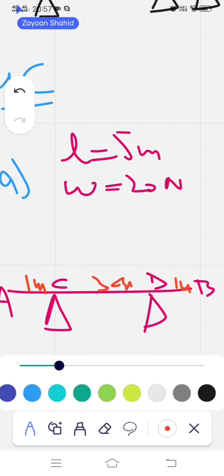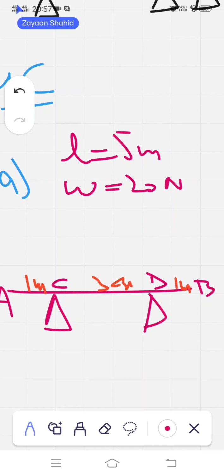So here we have C and D supports. In each case, find the magnitude of the reactions at C and D.